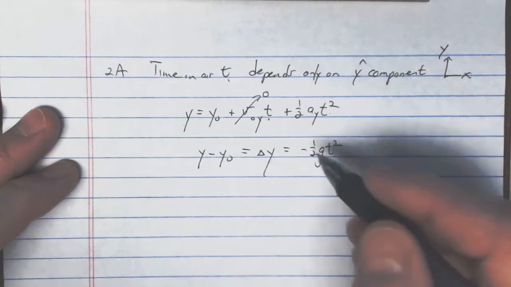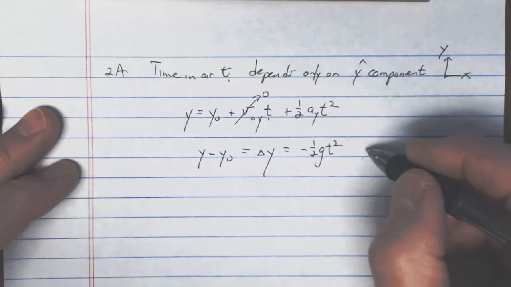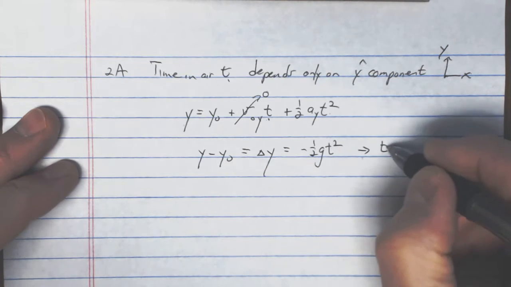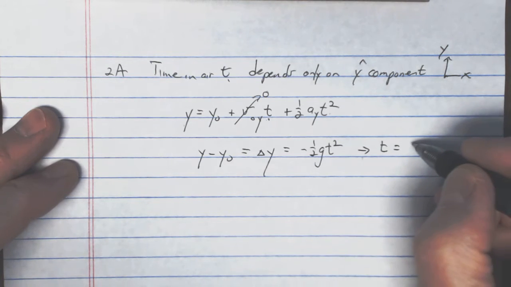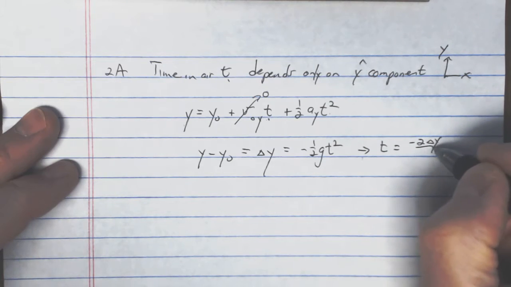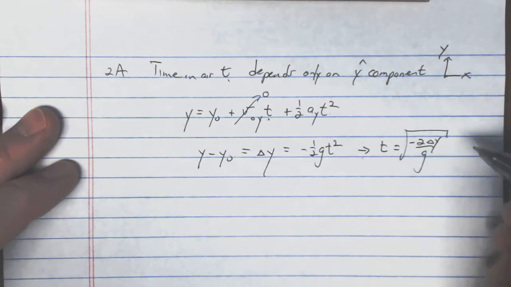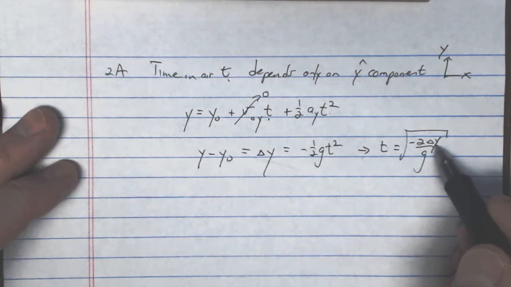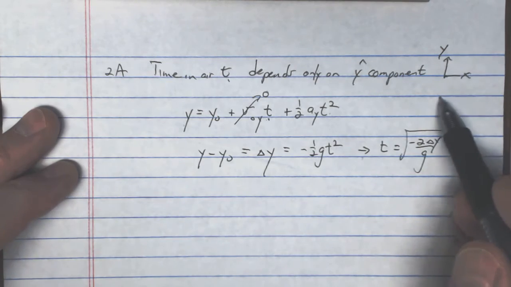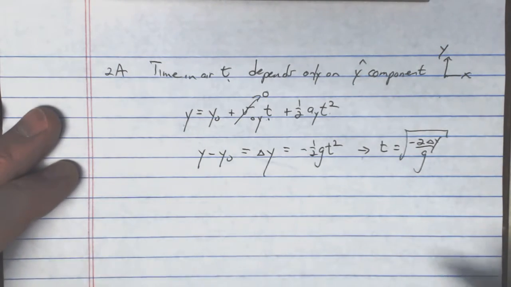Okay, and I can solve this pretty easily for t. Let me just do that here. t is equal to, multiply both sides by 2 over g, or negative 2 over g. So it's the square root of negative 2 delta y divided by g. You may get worried for a second that this is a negative sign in the square root, but remember delta y will also be negative because I picked positive up and it's going to land below the initial height.